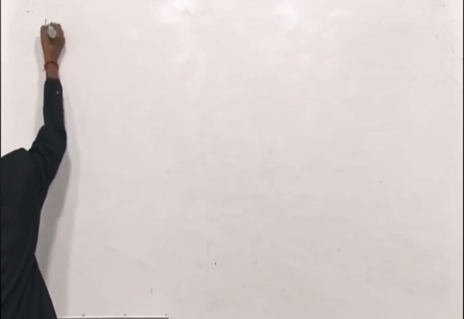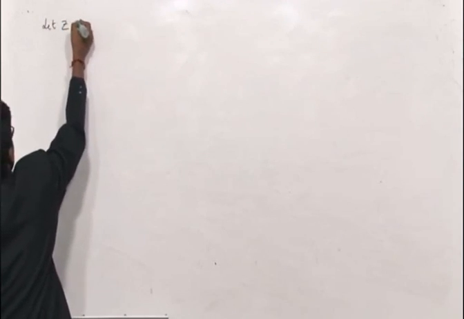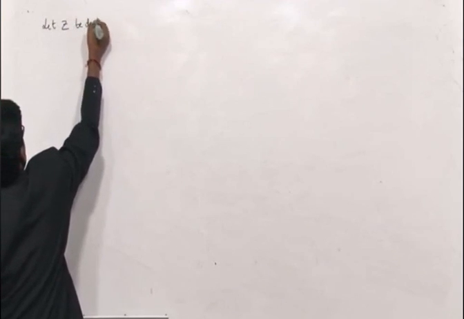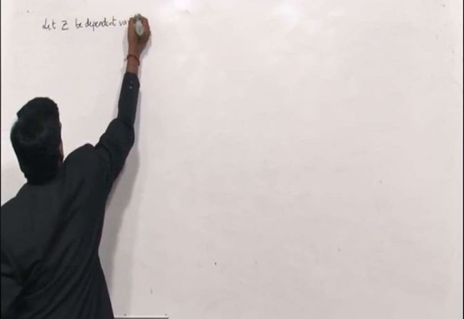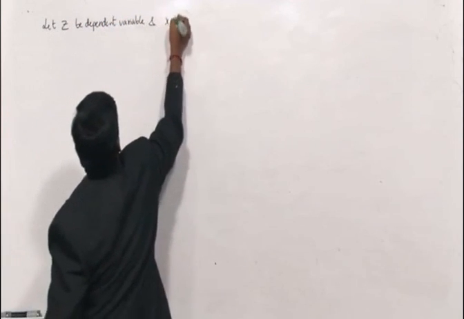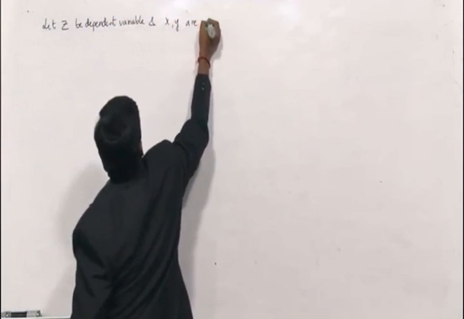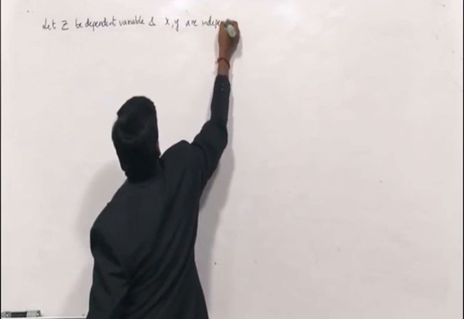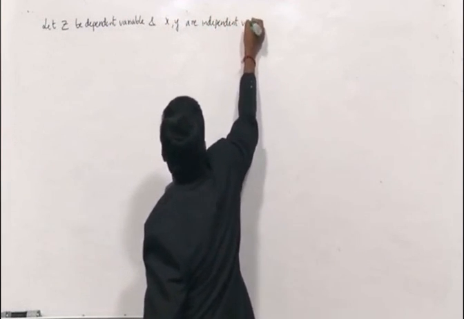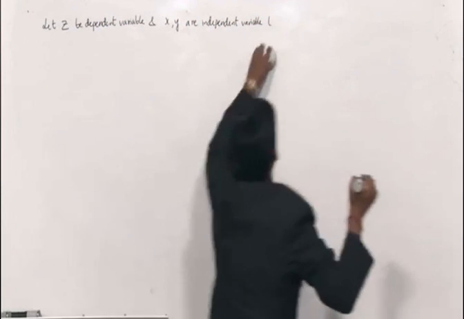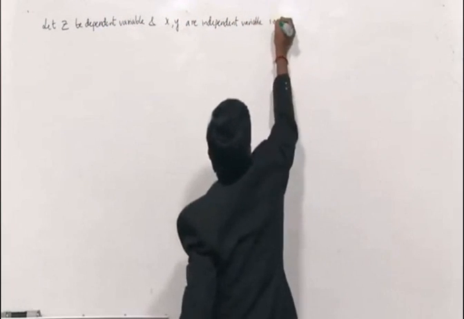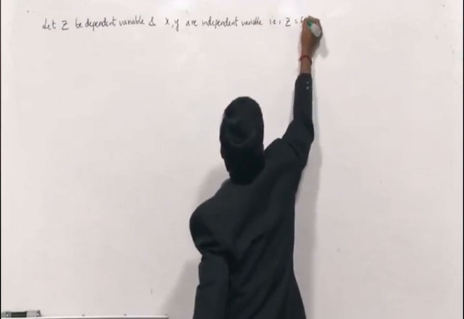Next, let z be the dependent variable, that is a function, and x comma y are independent variables, that is z is a function of x comma y.